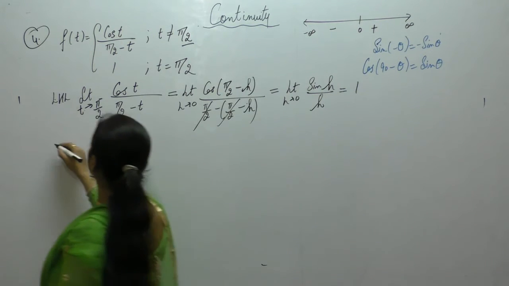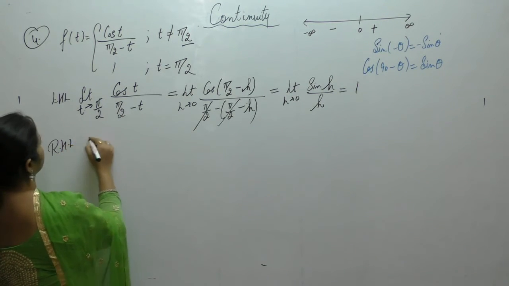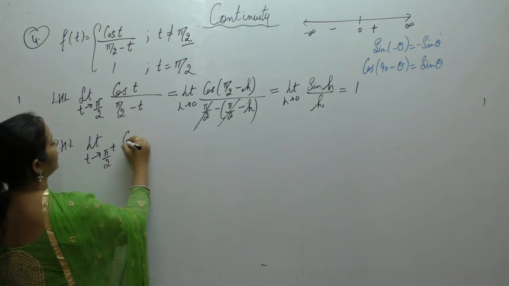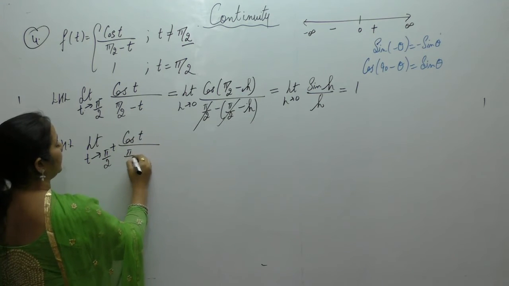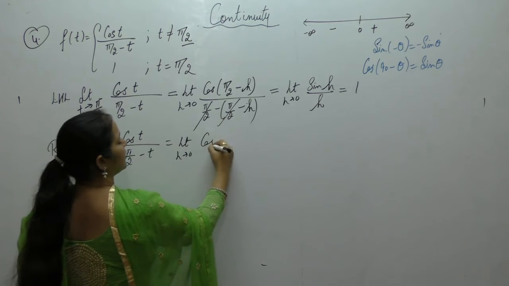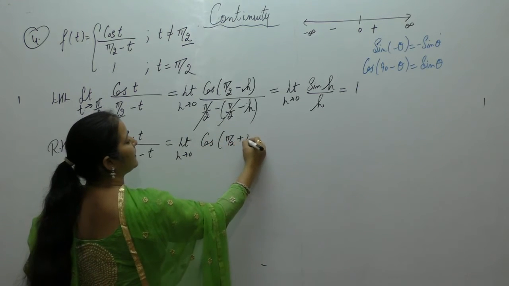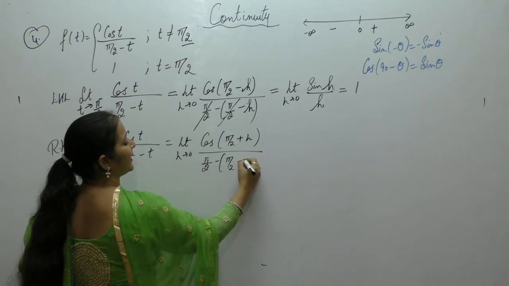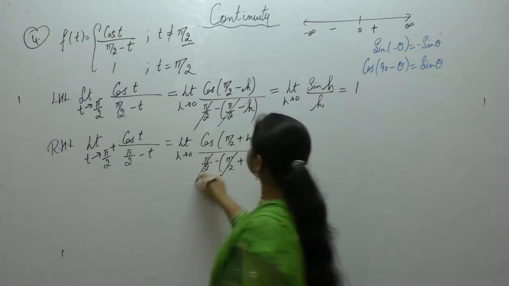Now write limit t tends to pi by 2 positive cos t upon pi by 2 minus t. So limit h tends to 0, cos of pi by 2 plus h upon pi by 2 minus pi by 2 plus h.